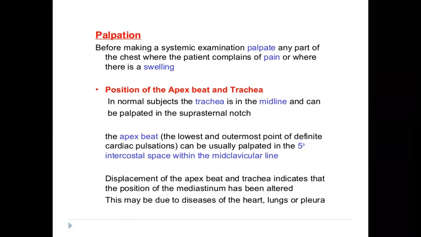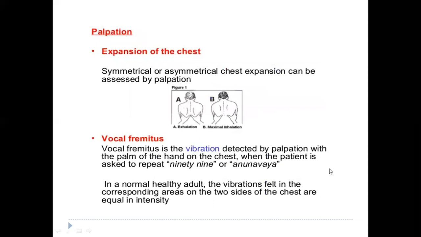The apex beat is usually palpated in the fifth intercostal space within the mid-clavicular line. If there is any displacement in the apex beat and trachea, that means some alteration has occurred in the position of the mediastinum. This alteration can be because of diseases of the heart, lungs, or pleura. This is how we place the hands, as you can see in the picture, to find the symmetry or asymmetry of chest expansion.